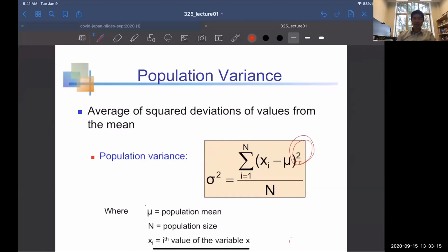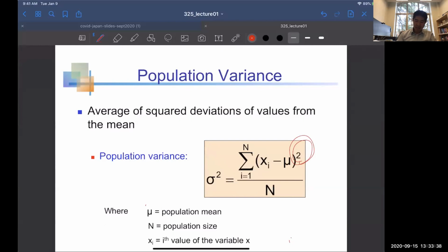There's a chat question: is variance unit free? That's a very good question. Think about it. Suppose we are computing the variance of household income across all Canadian households.